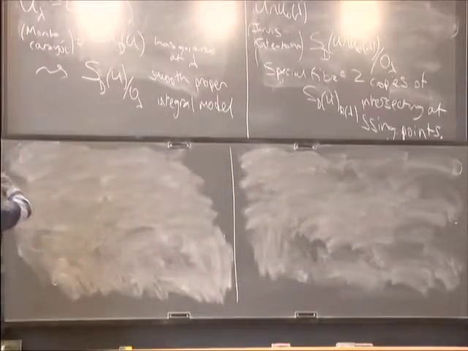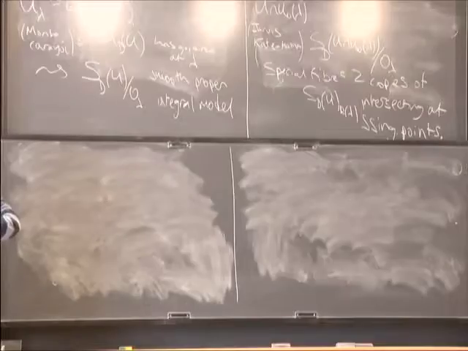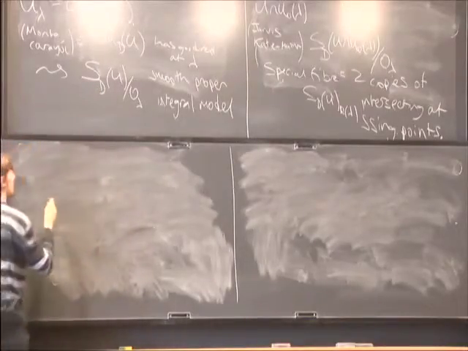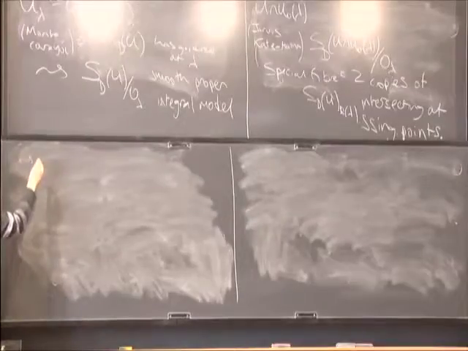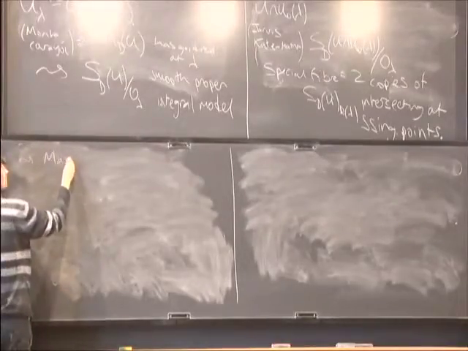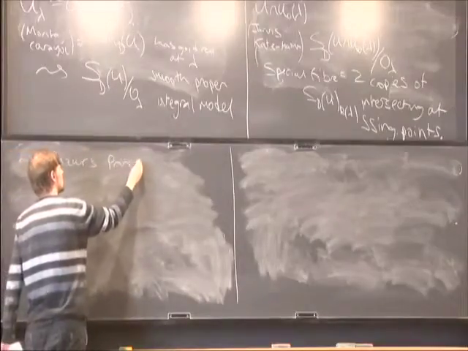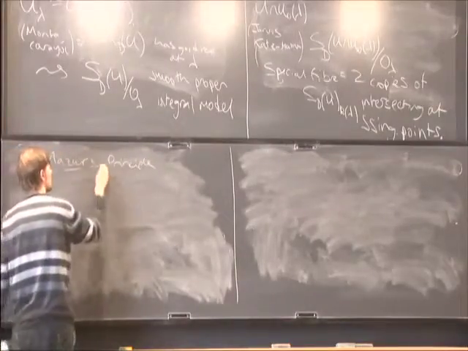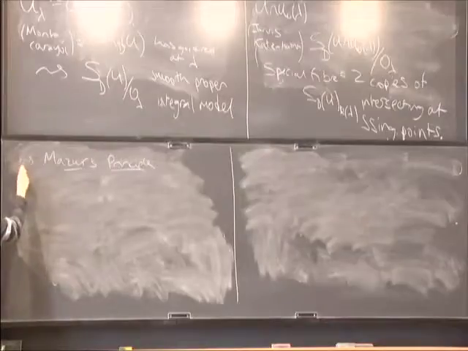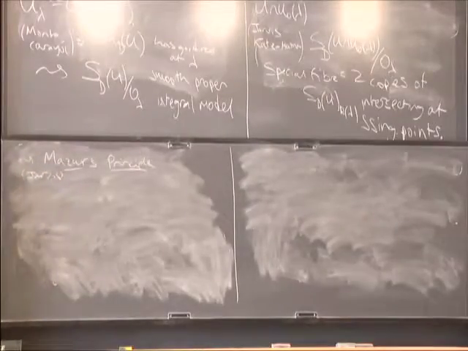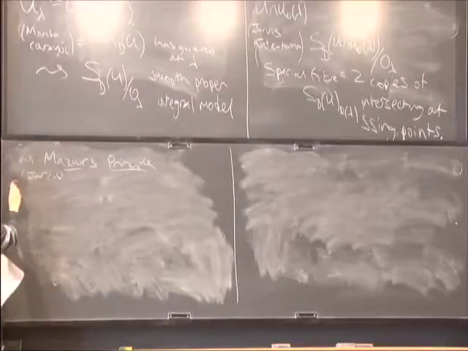So using the integral model I described, this integral model SDU, I'm just going to briefly talk about Mazur's principle. This section is due to work of Jarvis. So, state a theorem.